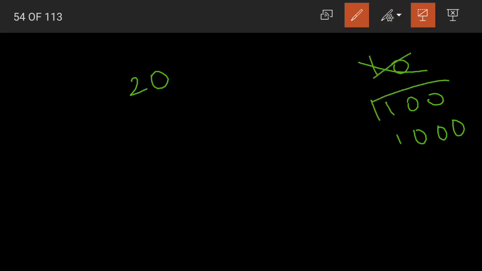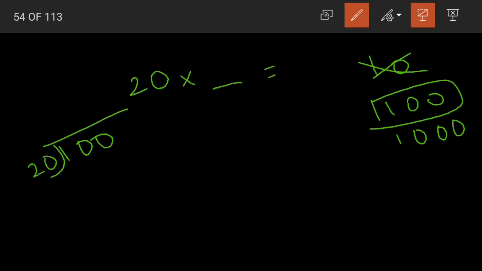So coming to the next number, 100. In order to find out the number that we should multiply 20 with to get 100, we'll divide 100 by 20. We have 20, 5s are 100.